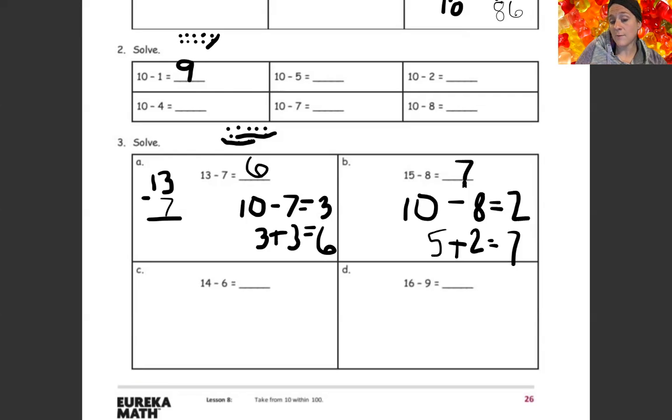Okay, 2 is left. And then we have these 5 still that we cannot forget about. So we have to count all of our units together. 1, 2, 3, 4, 5, 6, 7. And that's how we got that answer. It was easier to do the 10 take away 8 than to think of 15 take away 8.